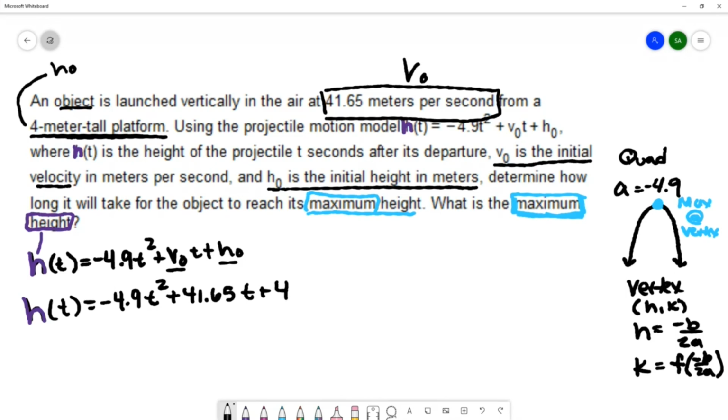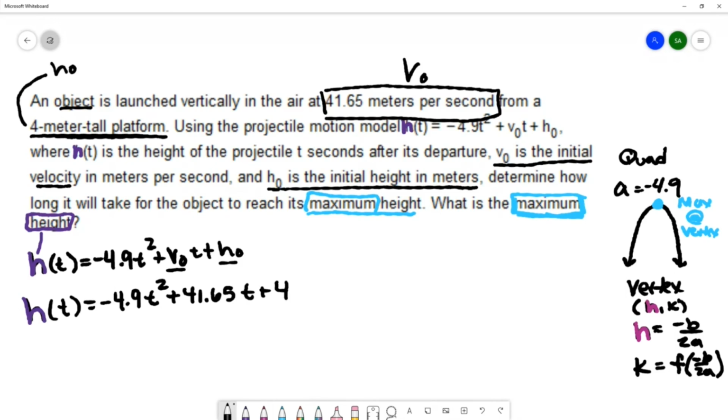I just want to point out one thing that can be a little bit confusing here, is that the vertex uses the letter h, and that h is different from the h that we wrote over on the other side. So remember, the h, which is the name of the function, is height, and the h over here in the formula is the x-coordinate of the vertex.